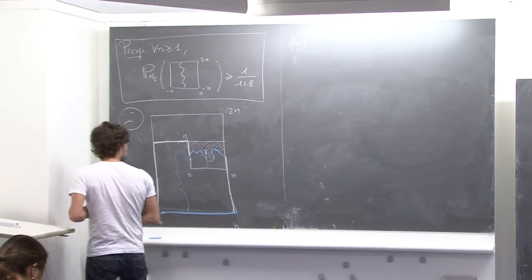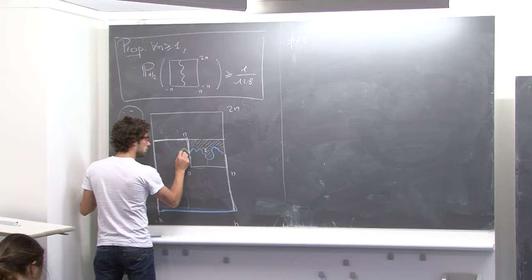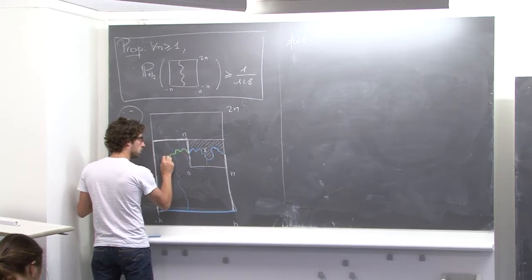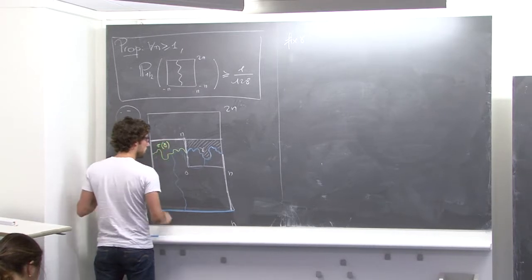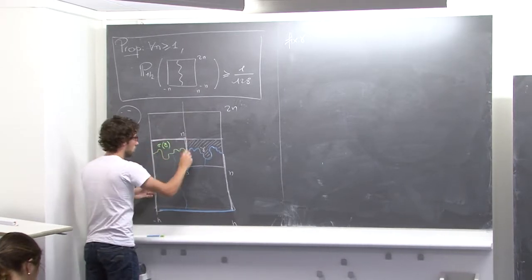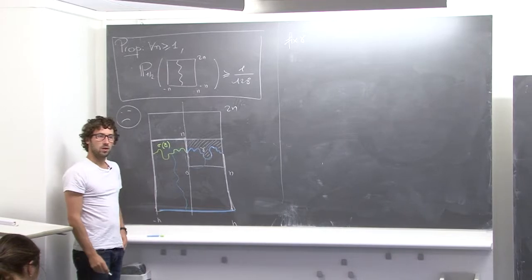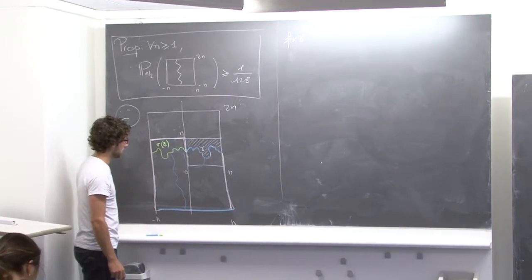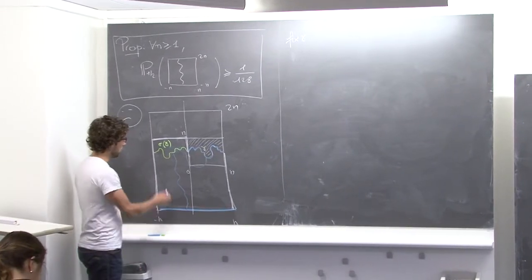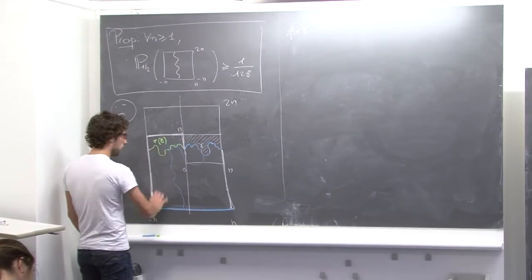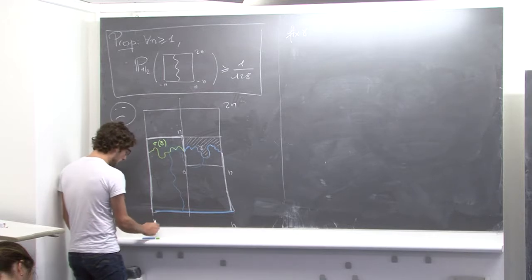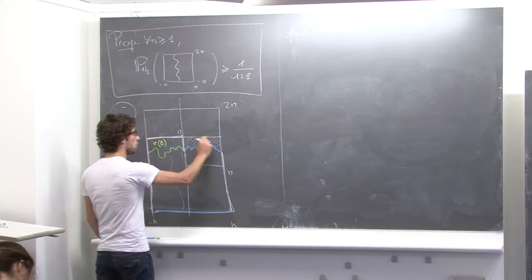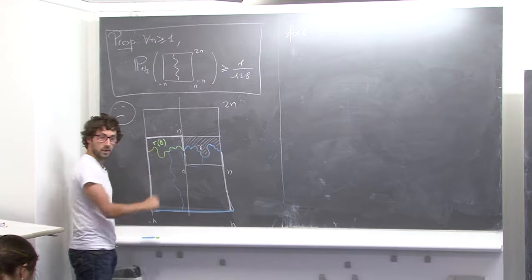Just draw the symmetric. So this is going to be sigma of gamma, the symmetric of gamma under the reflection under this line. So now you have a new domain, which is everything which is below this guy. What is the probability to have a path from there to the top of this domain?